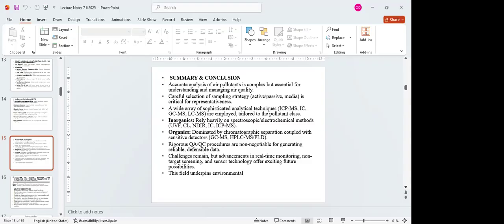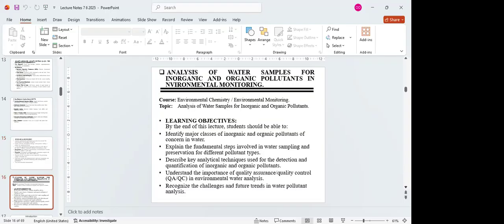These procedures are non-negotiable. We also looked at the challenges that are left for us to handle, but advancements in real-time monitoring, as well as non-target screening, as well as sensor technology, what it offers, and the exciting future it opens up to us. And looking at that, you will see that this field underpins the environmental process.